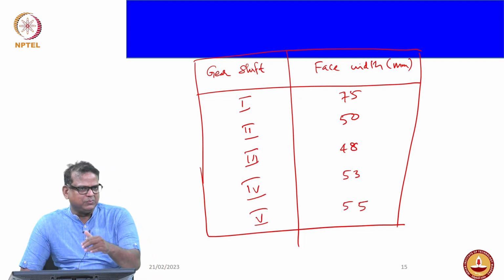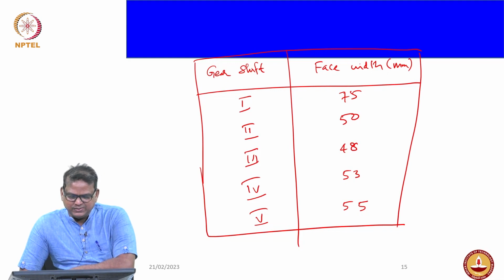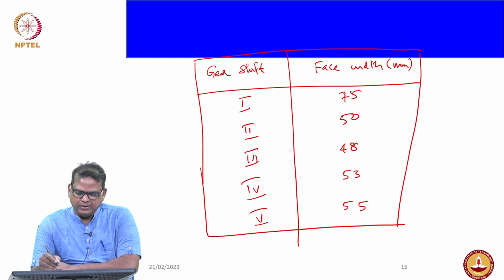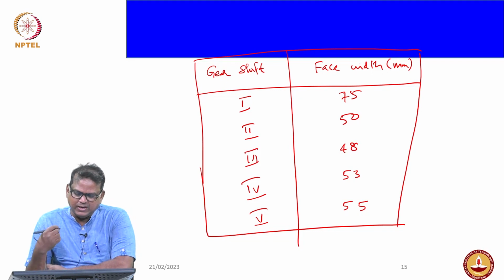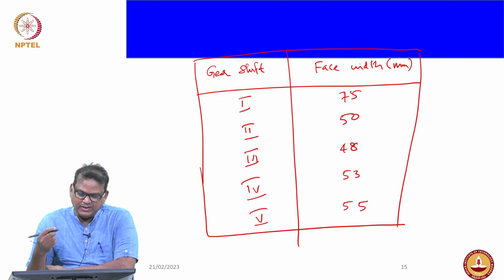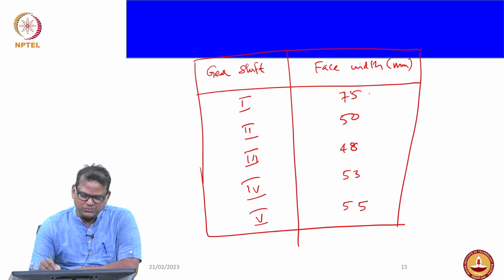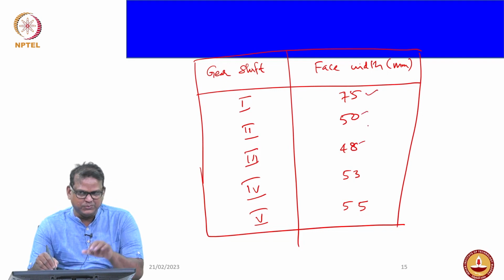So can you see what is happening as your gear changes? Now gear change is happening, your face width is reduced. Of course, you may ask a question. The first two gears, first gear I understood, and second and third are reducing.